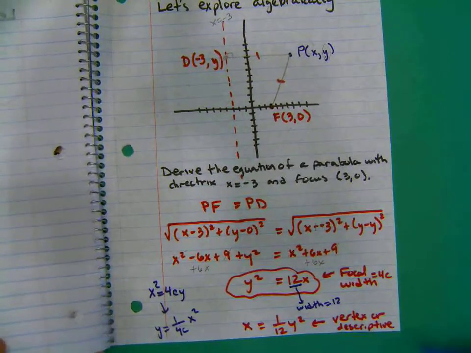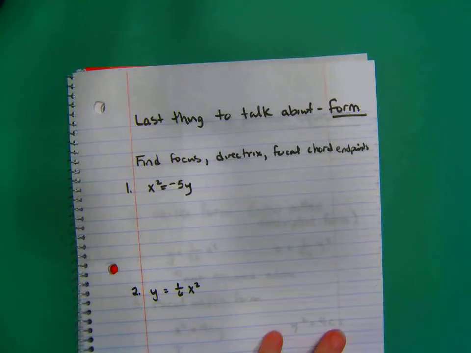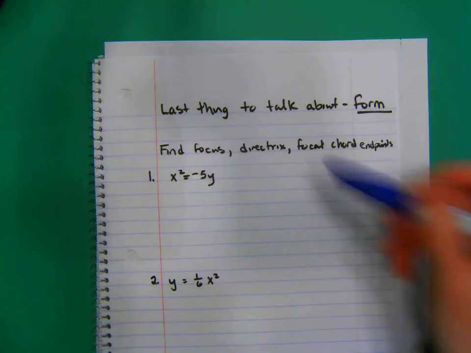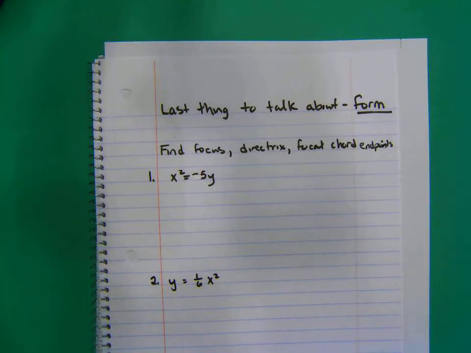But I would tell you right now, pick one of the forms and focus on it as students are trying to solve problems like this, because as they're solving these problems, it'll be good if they do it the same every time.